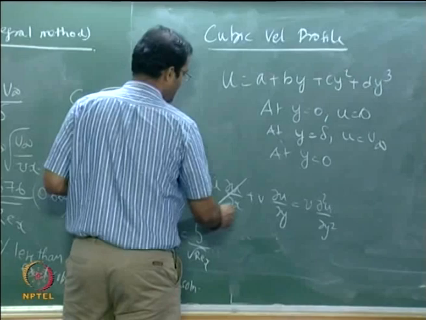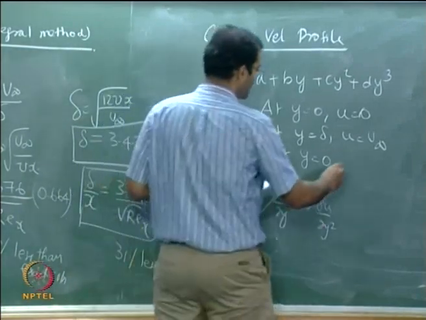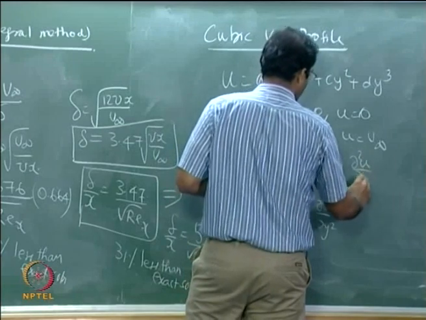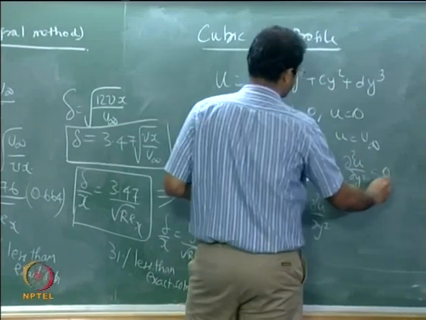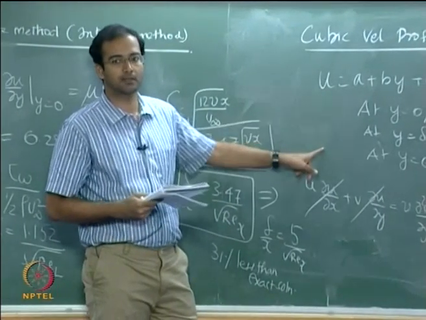Both are 0. So therefore d square u by dy square has to be 0. This is the next important. So in the order of importance I am writing it.